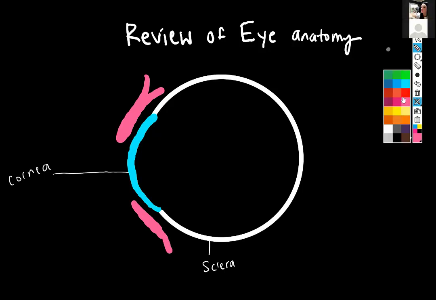And then lining the inside of the eyelid and the surface of the eyeball is a layer called the conjunctiva. And it's not really green, but I'm going to draw it as being green so we can see it.